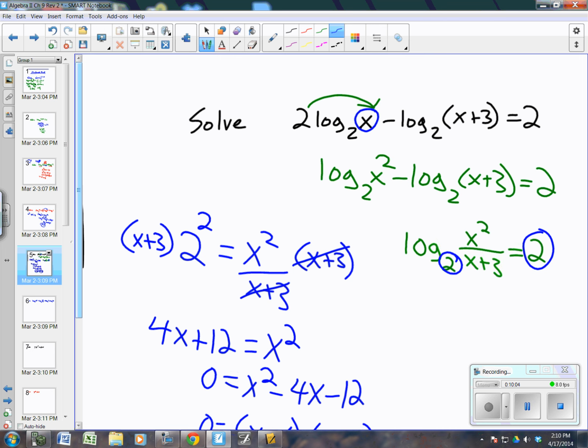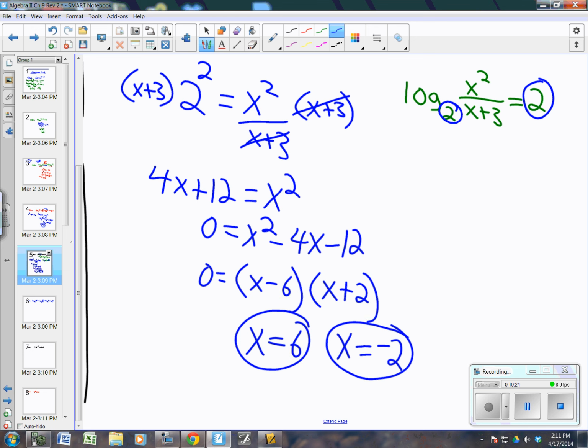I know I can bring that 2 up and square it, and it would be positive, but the original problem showed this x right here, and if I put that negative 2 in there, I'm taking the logarithm of a negative, and you can't do that, okay? It's not in the definition of logarithms. So the answer is just 6. Negative 2 would be an extraneous solution.